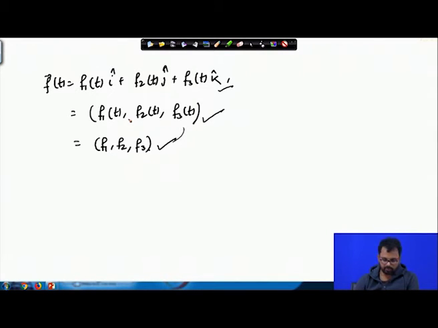So, for functions of a scalar variable, we learnt about limits, and we also learnt about their epsilon delta definition.